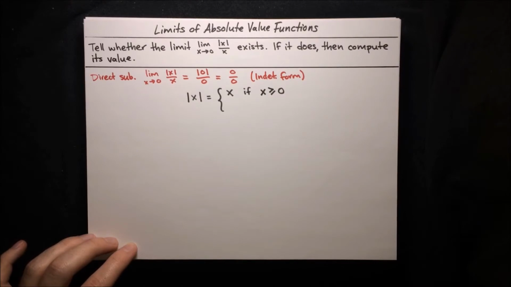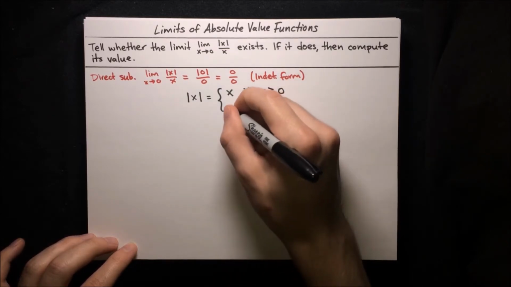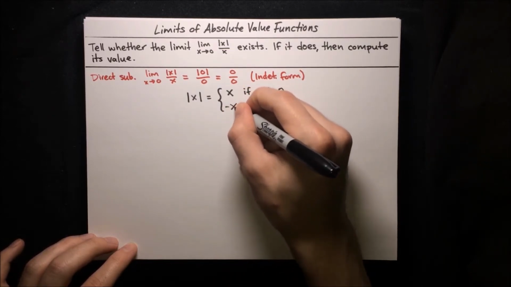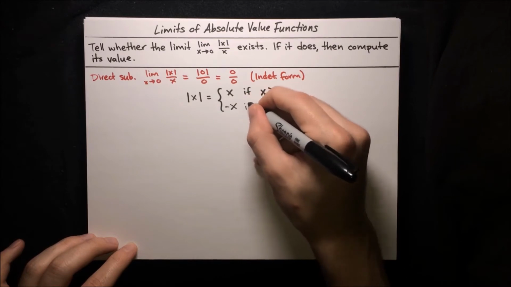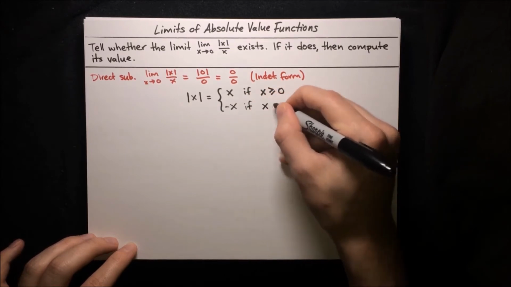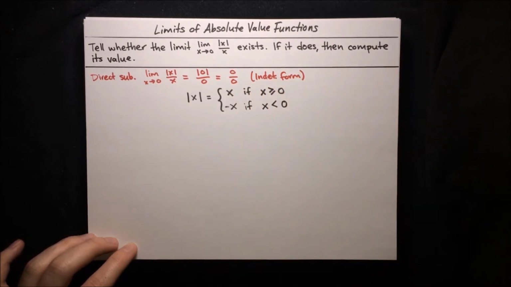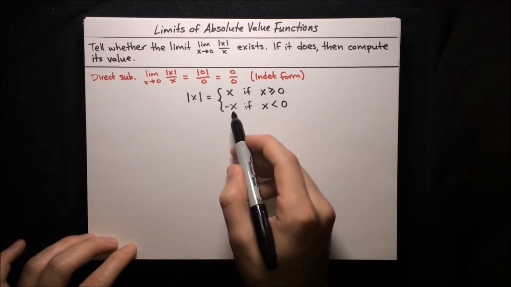But if x is negative, then the absolute value strips that negative sign, and the way this is done is by multiplying by -1. If you multiply a negative number by -1, that number becomes positive. So absolute value of x, if x is less than 0, is negative x, where that negative really means just cancel out the negative sign that already exists in this x. So this negative x is really a positive.